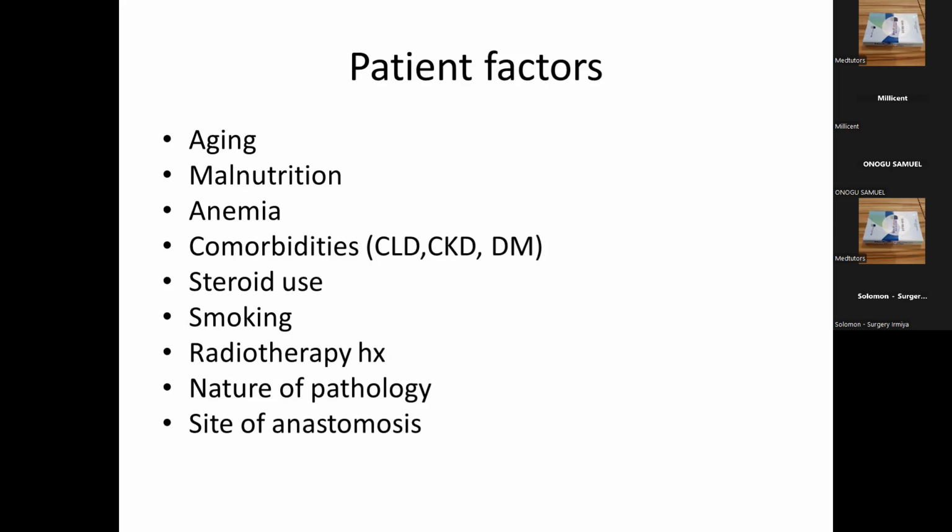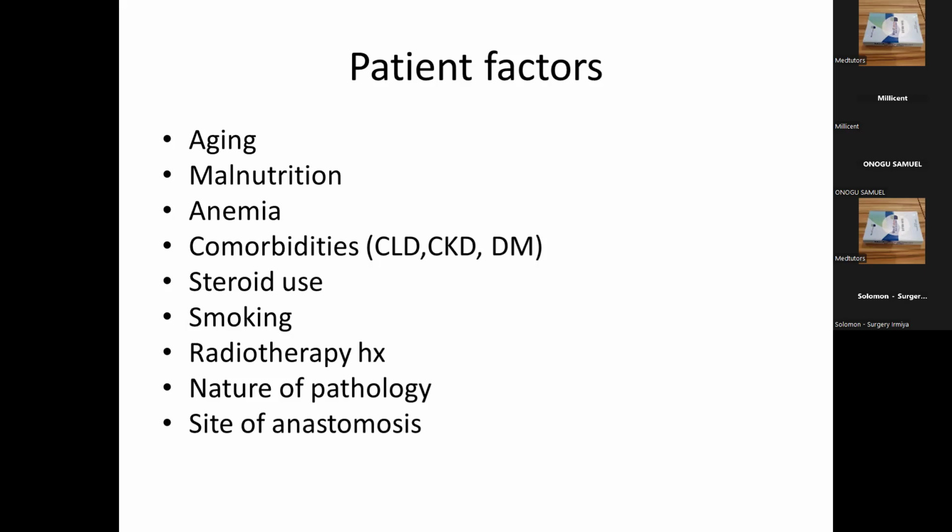Also, typically, the use of steroids reduces wound healing. Smoking: it is advocated that for elective cases, smokers should stop at least 4 to 6 weeks before surgery, and also for 6 weeks after. They shouldn't smoke, as this significantly impacts the bowel anastomosis. Also, prior history of radiotherapy, as radiotherapy would have affected the integrity of their tissues.